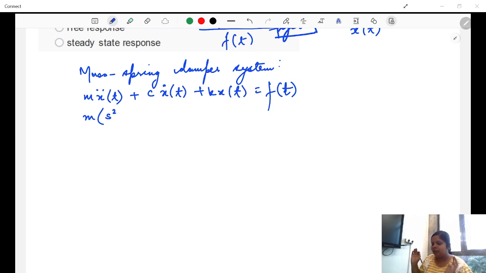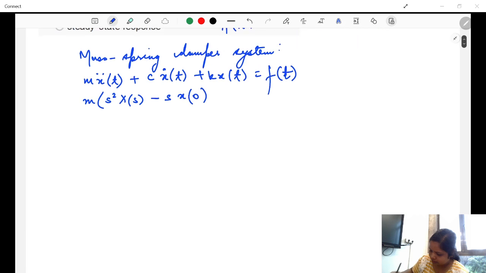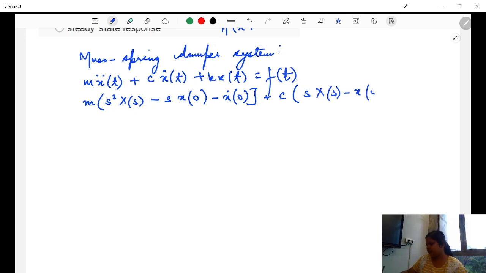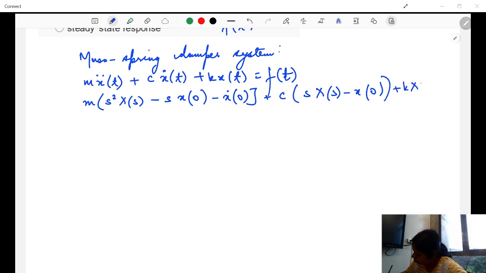So we'll take the Laplace transform so that initial conditions are taken into account. m into s squared X(s) minus s x(0) minus x dot(0), plus c into s X(s) minus x(0), plus k into X(s) is equal to F(s).